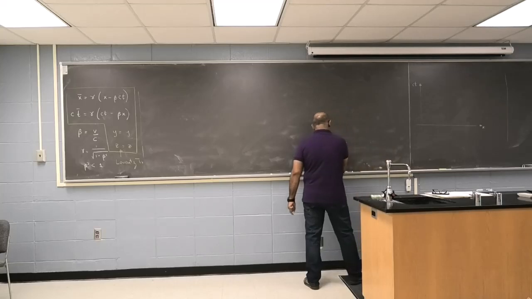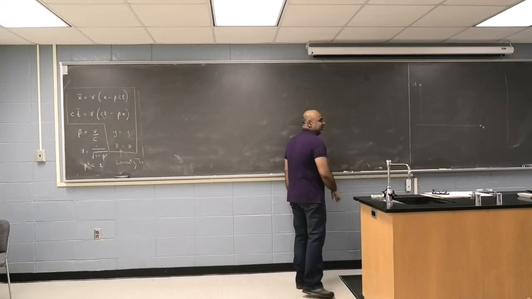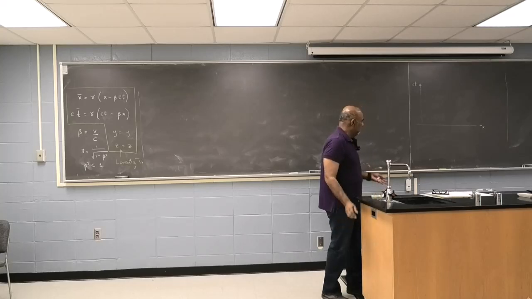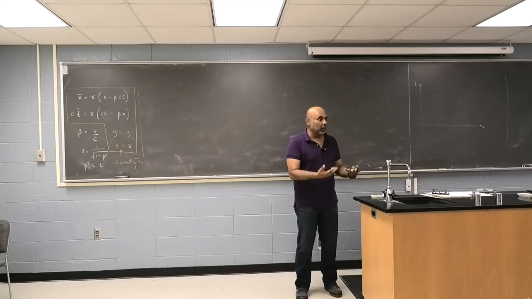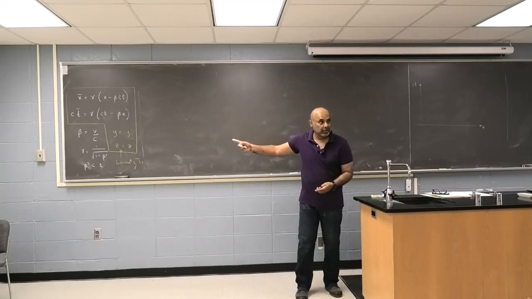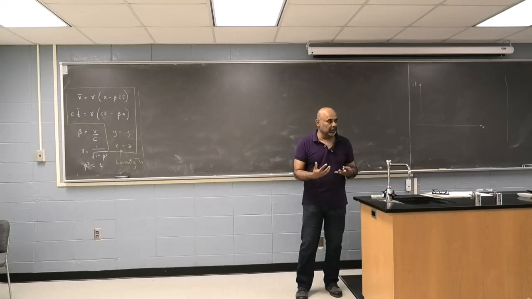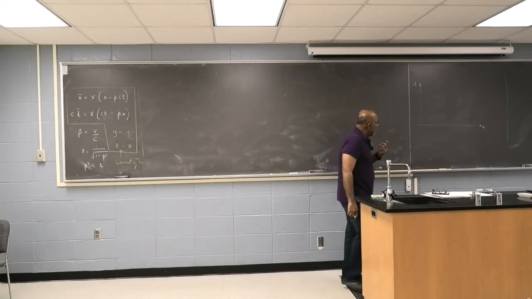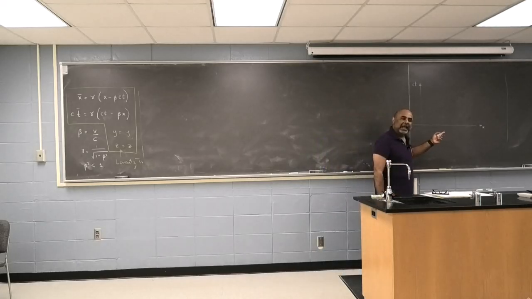I want to draw the t-bar axis, because I can draw it. If I know x and t, I know t-bar, so I should be able to draw it. To draw these axes, how do you figure out what the x-axis is in this diagram?